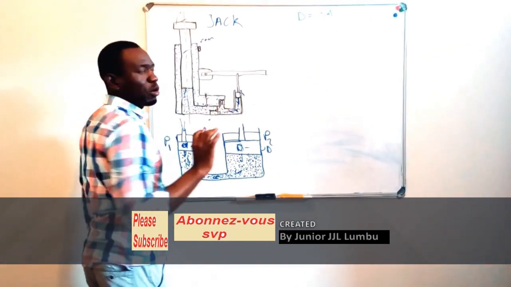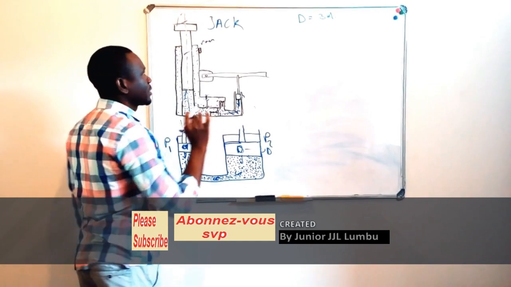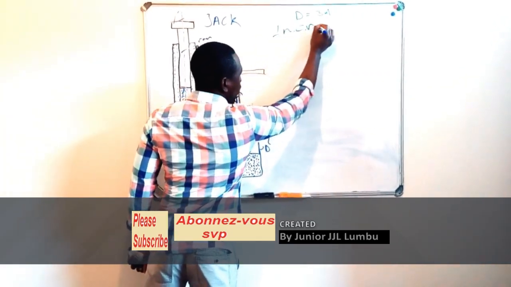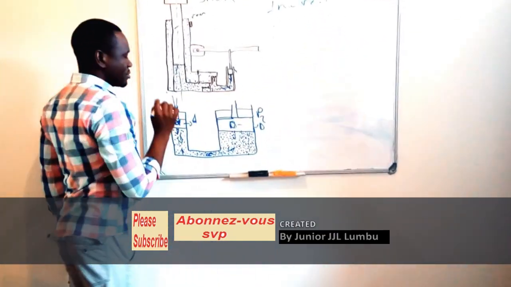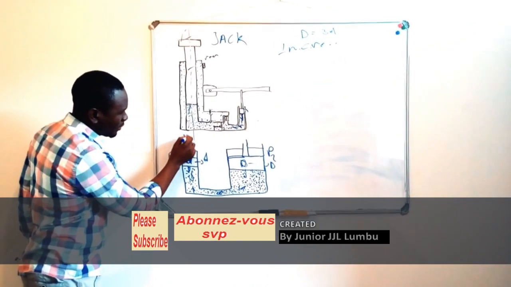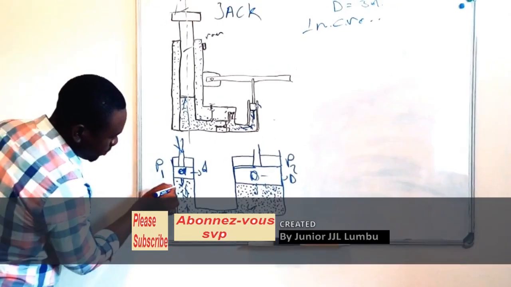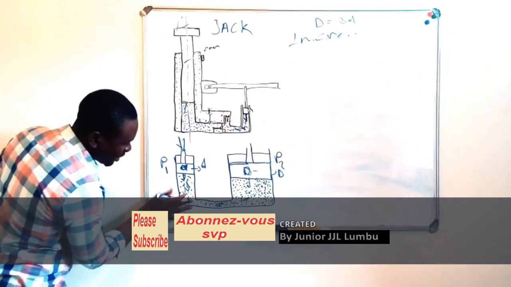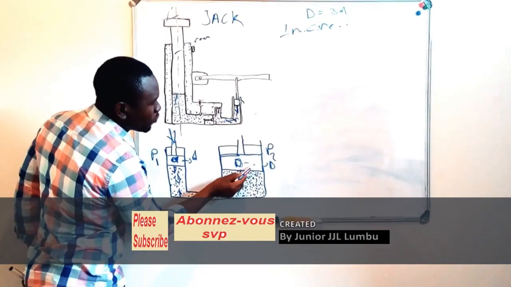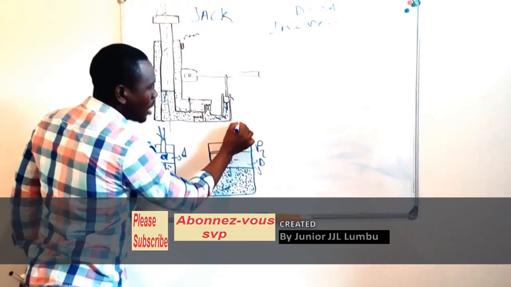I'm going to talk about the principle behind the fluid used in hydraulics. The fluid is considered incompressible, which of course it is. So if I apply a force here, that force drives the fluid until it moves this bigger plunger or piston out.